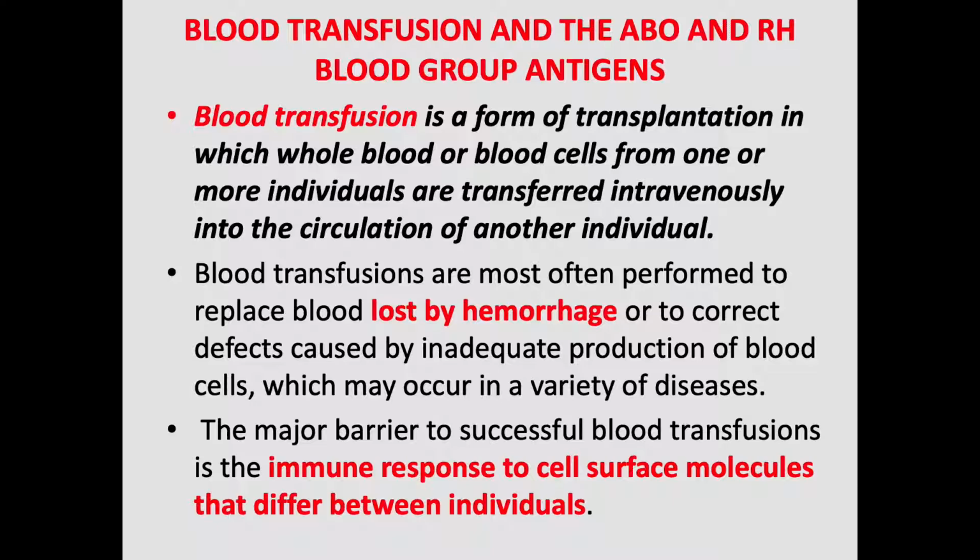Okay, so now let's talk about blood transfusion and the ABO and rhesus blood group antigens. Mostly, blood transfusion is again a form of transplantation, where we can use whole blood transfusion, or sometimes specific blood cells like red blood cells, or platelets can be transfused separately.